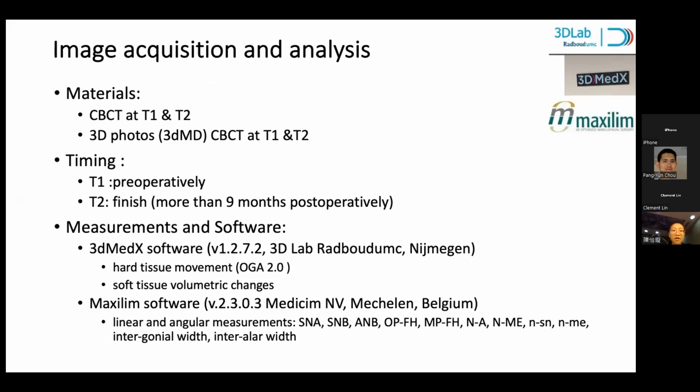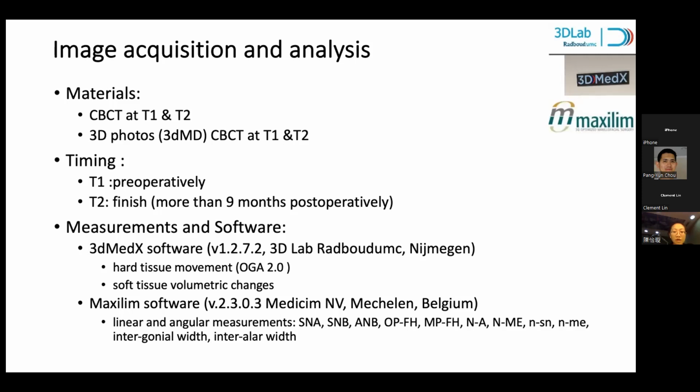Image acquisition and analysis. We acquired CBCT data and 3D photos from 3dMD at two different timings. T1 is preoperatively and T2 is after the complete orthodontic treatment, which is more than 9 months post-operatively.